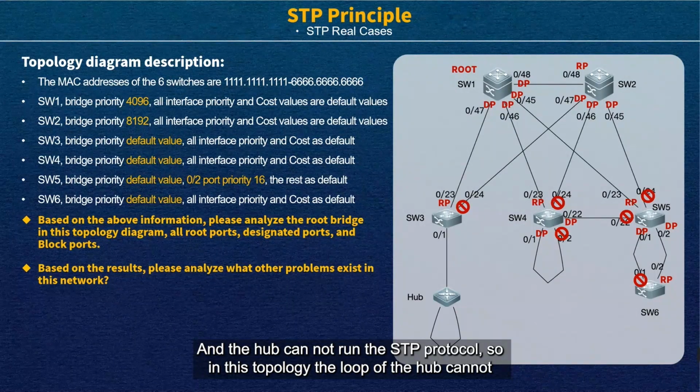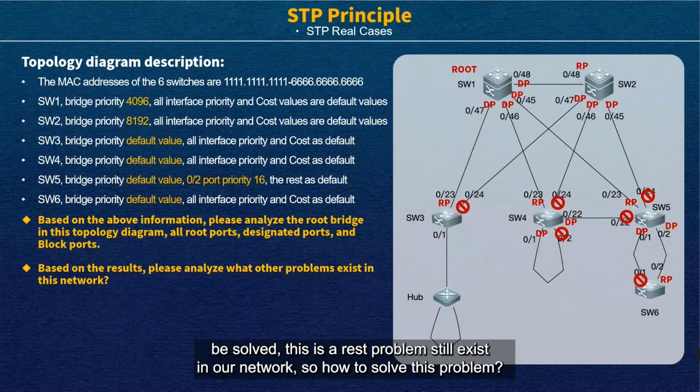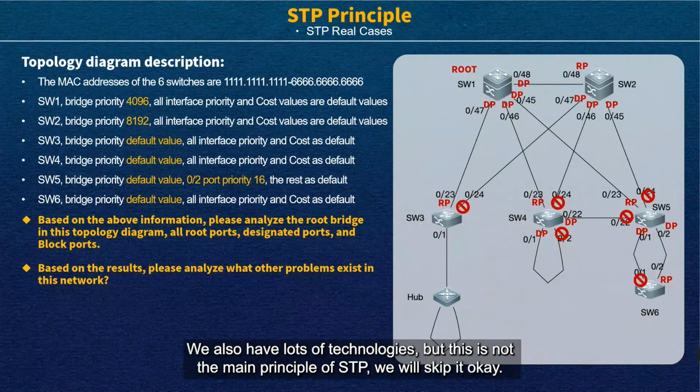So in this topology, the loop of the hub cannot be solved. This is the remaining problem that still exists in our network. So how to solve this problem? We also have lots of technologies, but this is not the main principle of STP. We will skip it, okay?